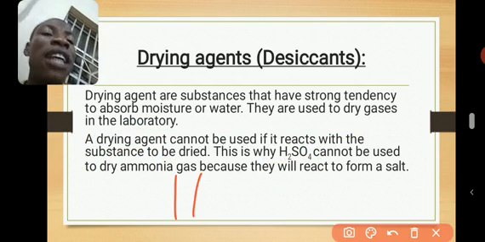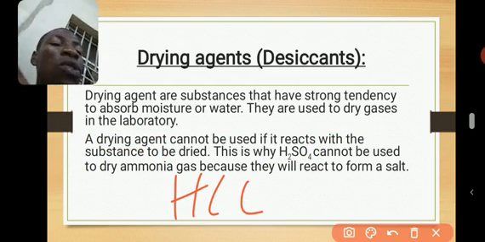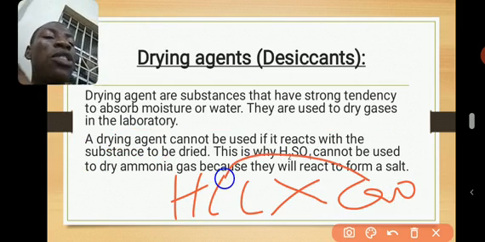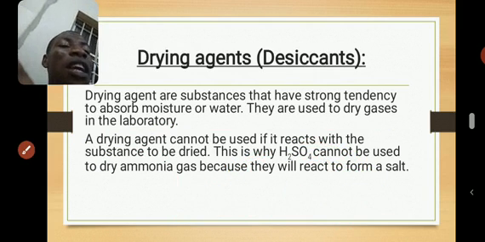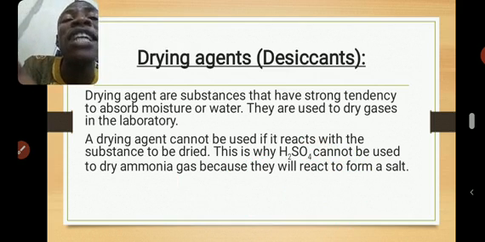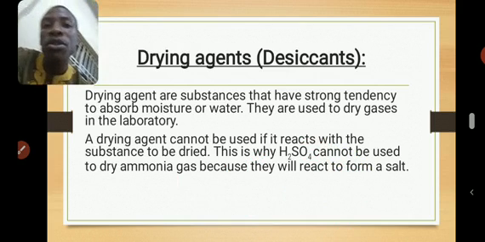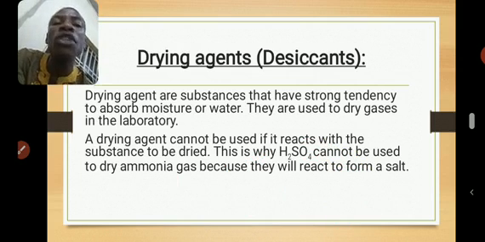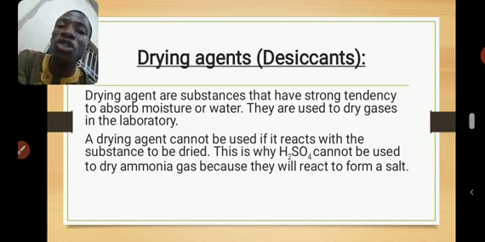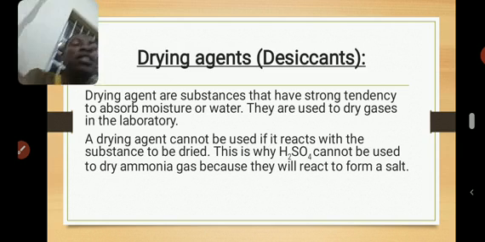HCl is a gas. You cannot dry it with calcium oxide because they will react with each other. So take note of that. A drying agent will be unsuitable if it's going to react with the gas you want to use it to dry. Do not forget.